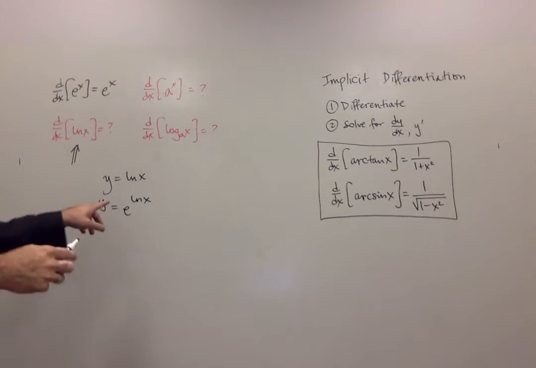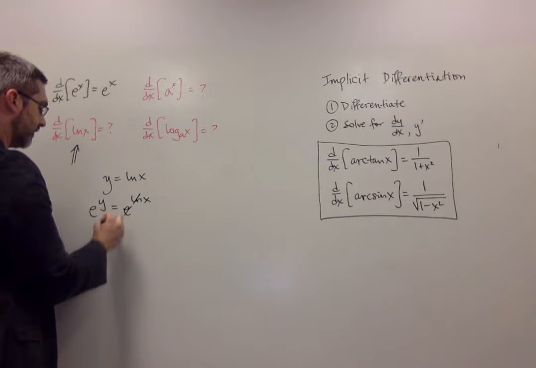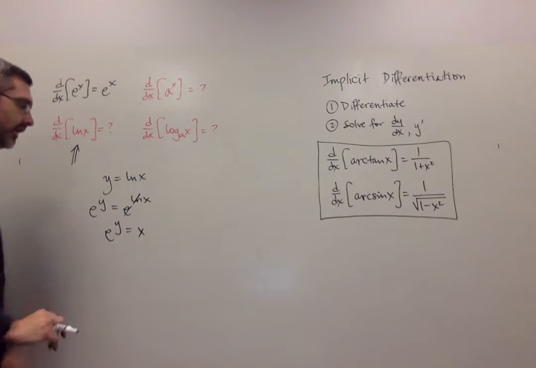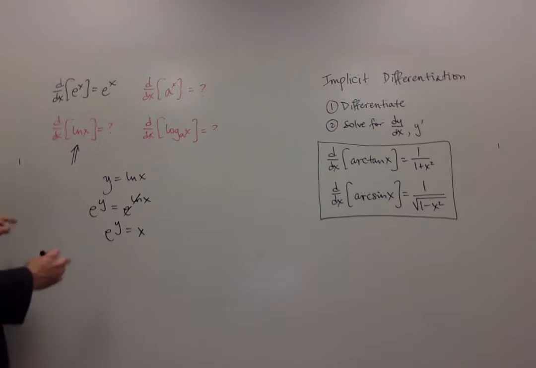So in other words, the e and the ln cancel. They get rid of one another, and I get e to the y equals x. This is an equation that I am much more comfortable trying to differentiate. So we're going to do that here.